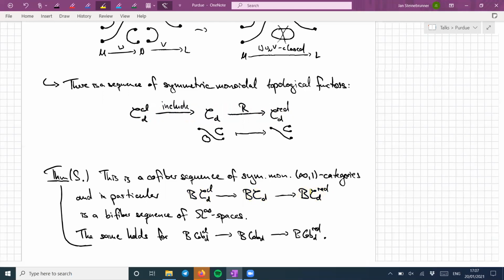By now, I think a better way of proving this is to say that these categories are symmetric monoidal, and I can think of them as infinity one categories, and as such, as symmetric monoidal infinity one categories, this is a cofiber sequence. So what that means is that if you take the CD and you take the quotient by the closed full subcategory on the empty object, then the quotient as symmetric monoidal infinity categories is the reduced bordism category.